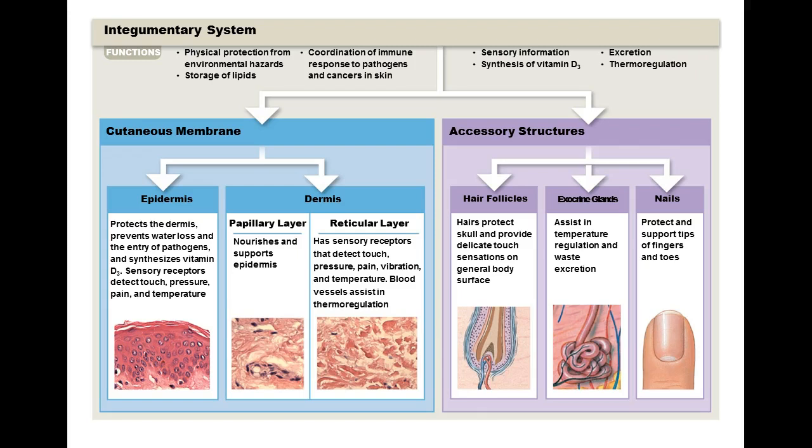Sensory information, it is your largest sense organ. This is information going to the brain. The beginning of vitamin D synthesis. So it actually synthesizes vitamin D3, which is a precursor to what you use as vitamin D for bone production, for calcium absorption, and henceforth bone production.